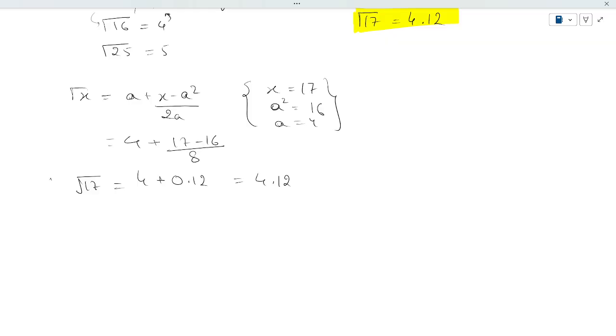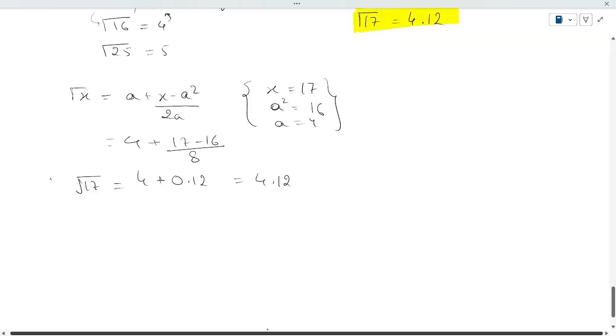Okay, so if we are asked to find the sum of roots and the product of roots, do we really need to solve the whole formula? We know that one root is minus b plus under root d upon 2a, and another root is minus b minus under root d upon 2a.